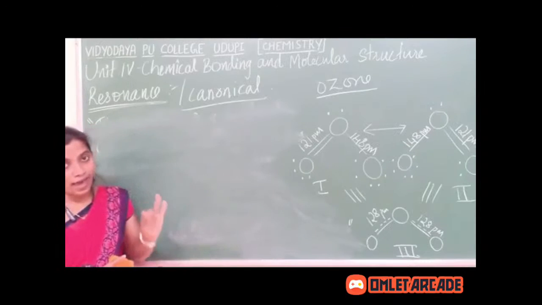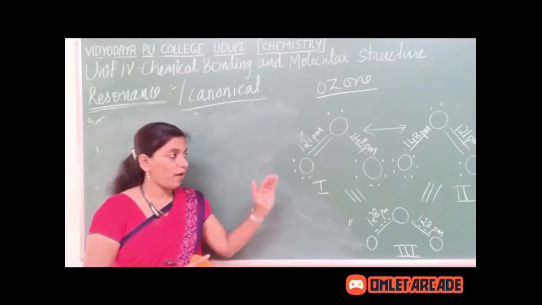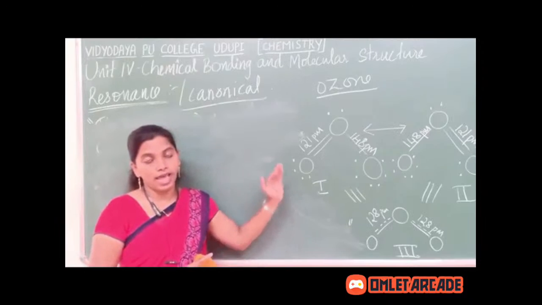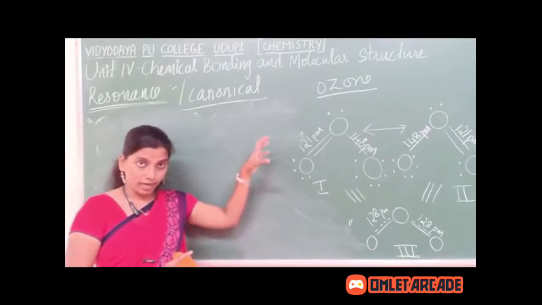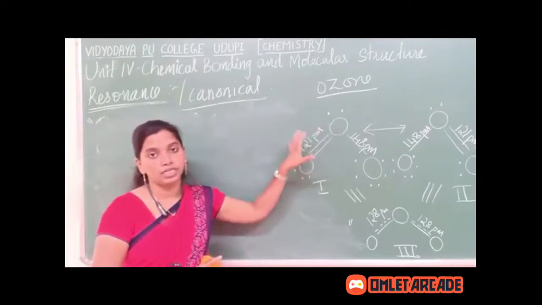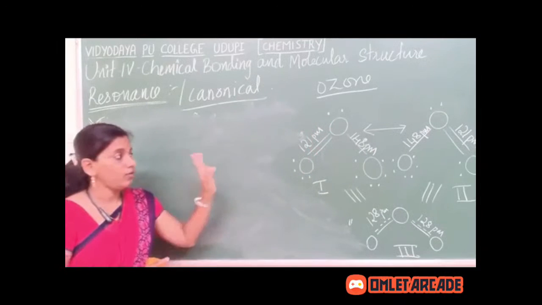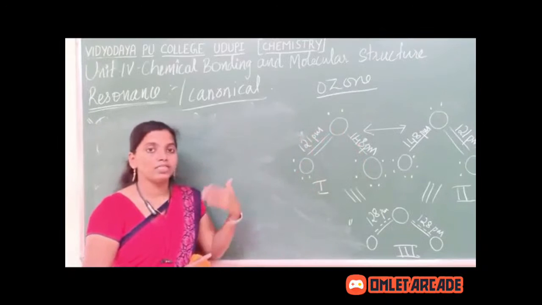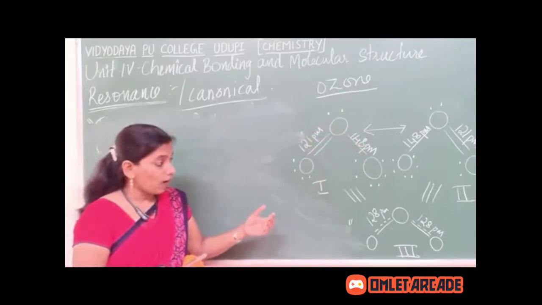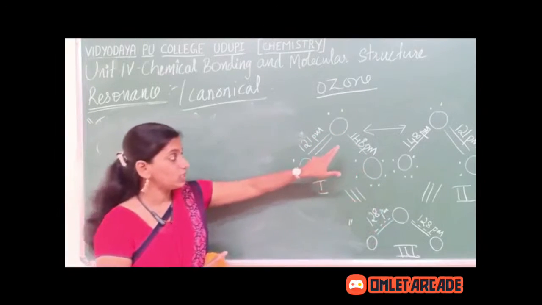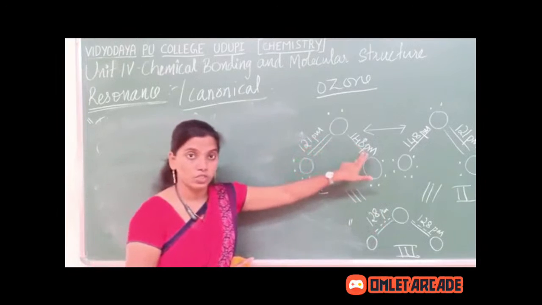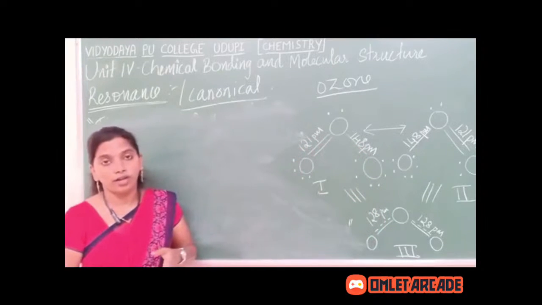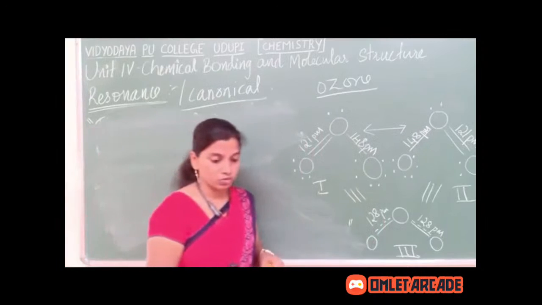The experimental bond parameters differ from the theoretical values, because every structure is only a theoretical representation of the molecule. When the molecule was synthesized and studied, the value was in between these bonds. So the concept of resonance was introduced.